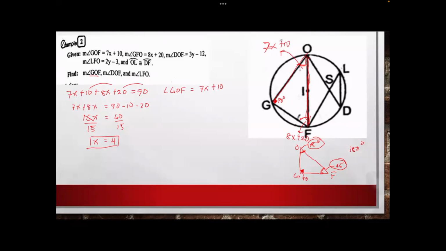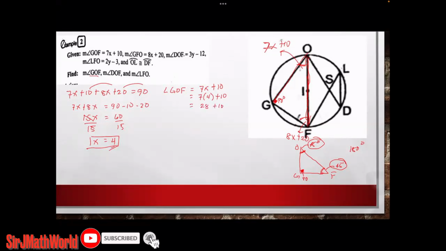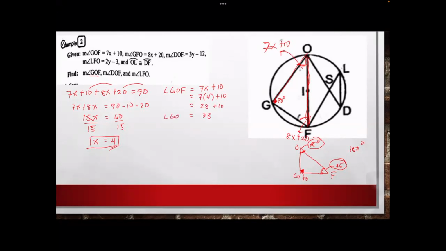Now, in GOF, we just substitute the value of x, which is 4, plus 10. So, where did the 4 come from? It came from here, which is the value of x. So, 7 times 4 is 28 plus 10. We have 28 plus 10. This will be 38. So, angle GOF is equal to 38.